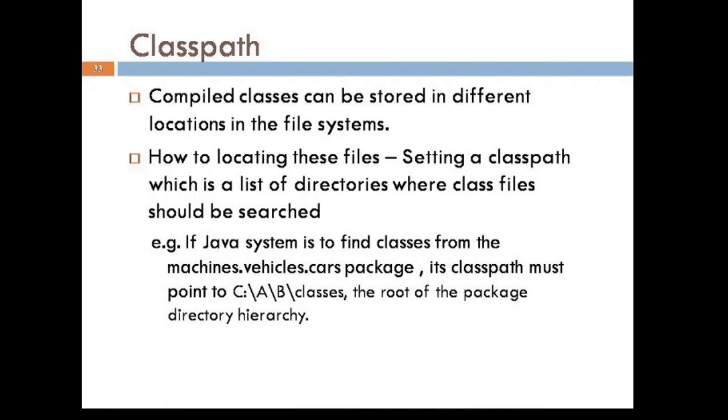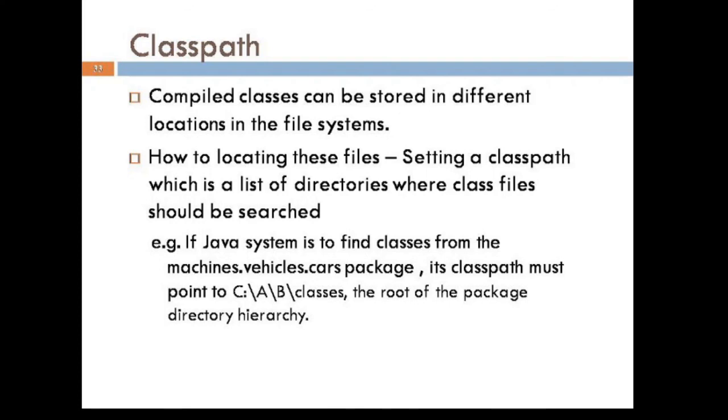So this class file, that is the bytecode file which is the result of compilation through javac, must be given a path in order for the interpreter to look where this file is present. This can be done with the help of the classpath environment variable, and classes can be stored in different locations in the file system. And how to locate these files? It is by setting a class path, which is a set of directories where class files should be searched.